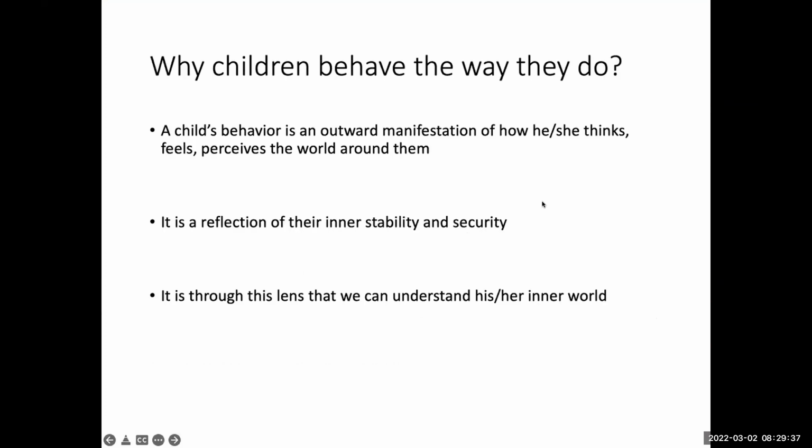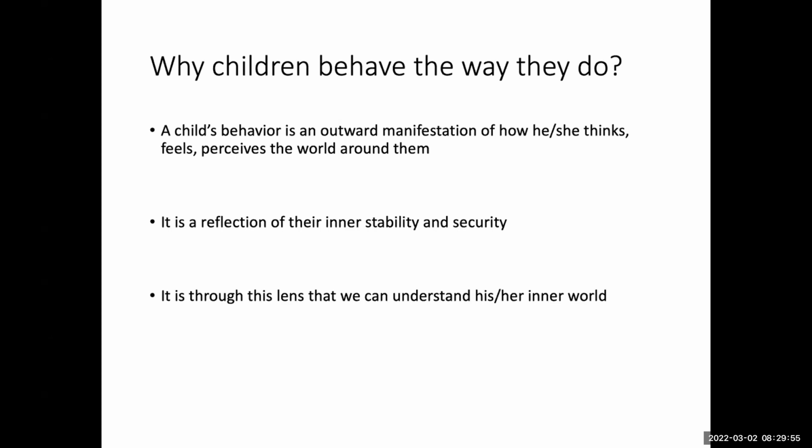Okay, so why do children behave the way they do? In a way, a child's behavior is an outward manifestation of how he or she thinks, feels, and perceives the world around them.